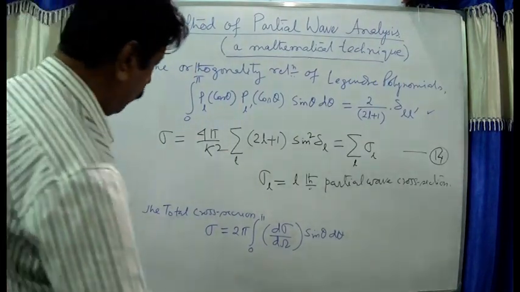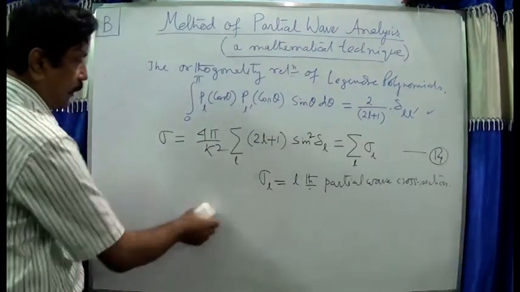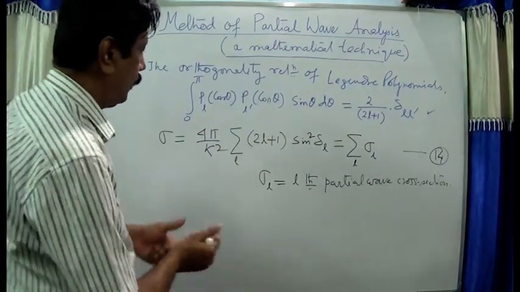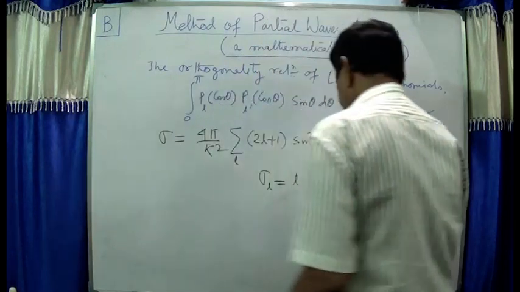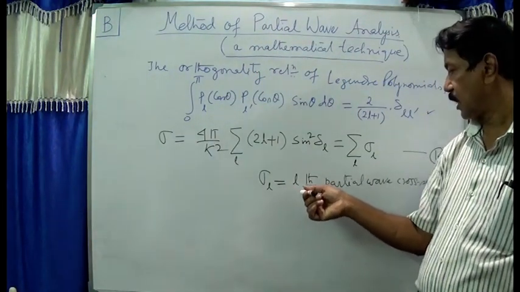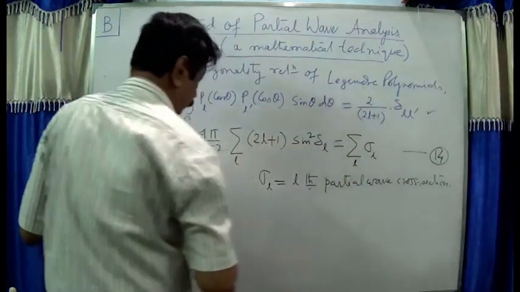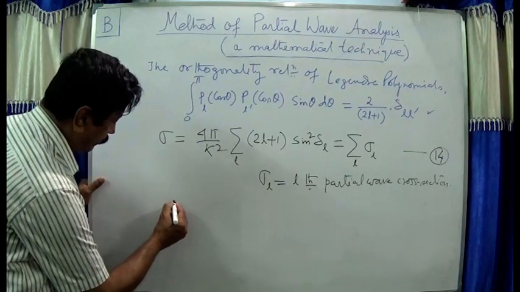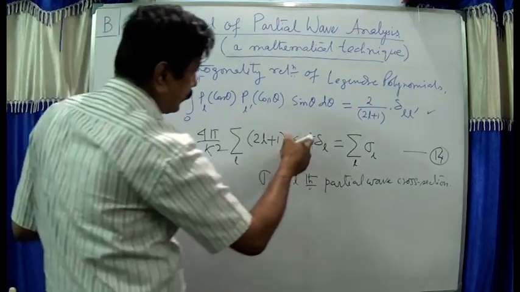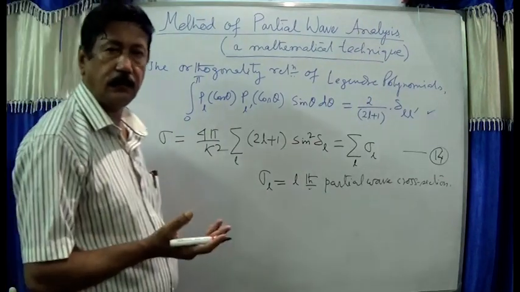Here also we can comment that corresponding to a particular L value, sigma L will be maximum only when this delta L becomes an odd multiple of pi by 2.